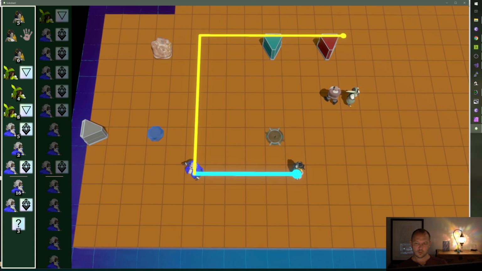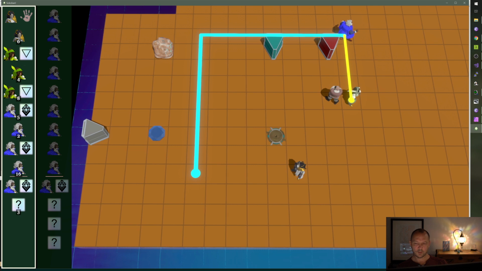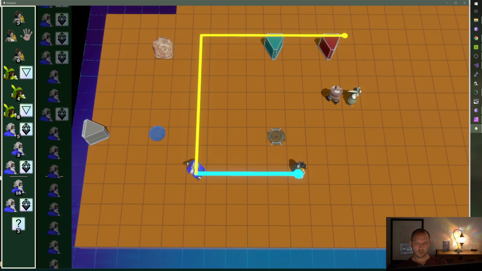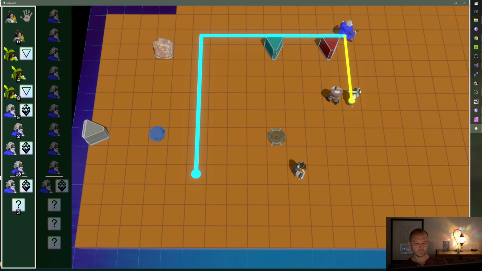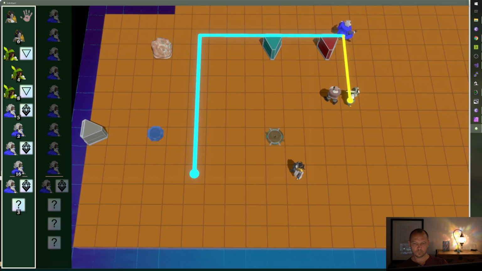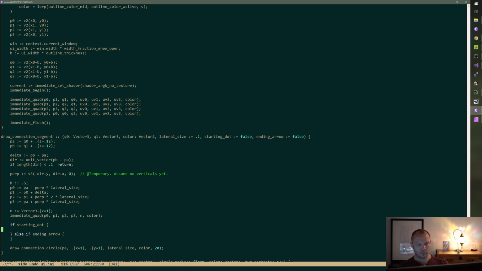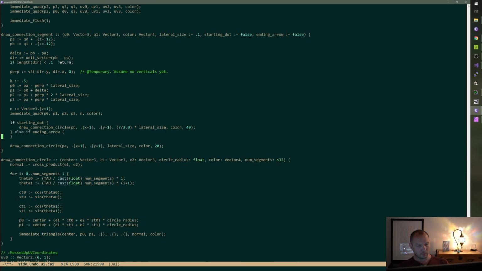So now we just need to make that an arrow, an arroz. If starting dot, else if ending arrow, then... I don't know.